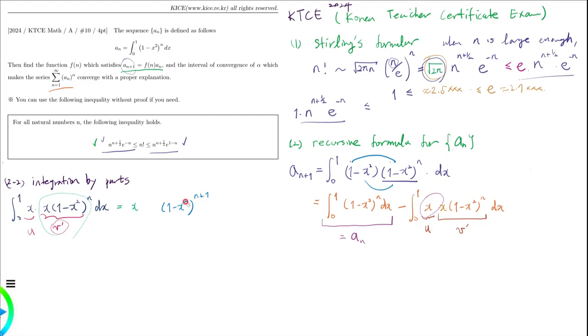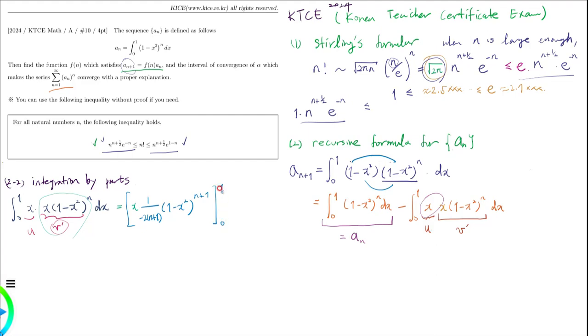And by taking a derivative, we have a factor of minus 2 times n plus 1 here. So we have this much.